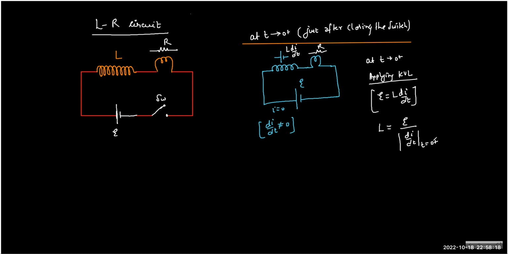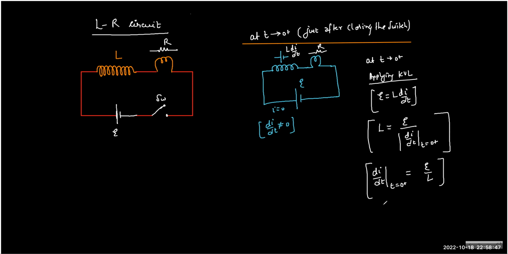So L equals E upon di by dt at t equals 0 plus. So this is a nice formula. Or you can say the di by dt value at t tends to 0 plus is E by L. So if you want to know the rate of change of current, it is simply the ratio of E upon L.